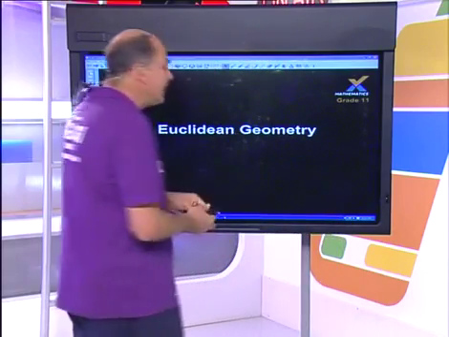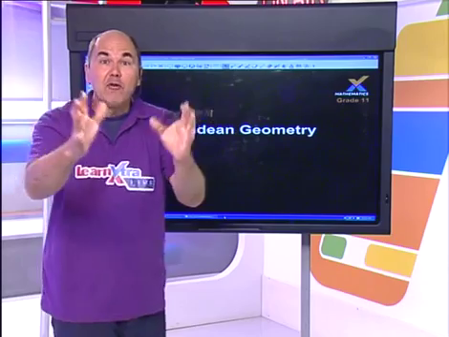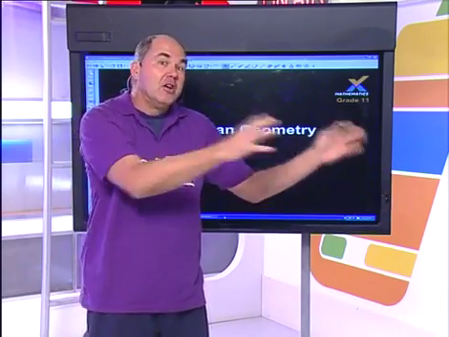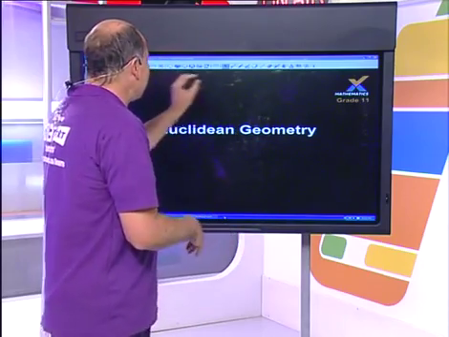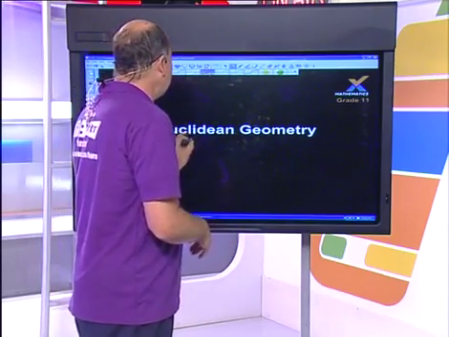So, Euclidean geometry. If you were watching the grade 10 lessons, and I hope you get a turn to watch some of the earlier lessons if you're in grade 11, don't forget the basics are taught in grade 10. You would have seen we were doing coordinate geometry. This is different. This is Euclidean geometry.